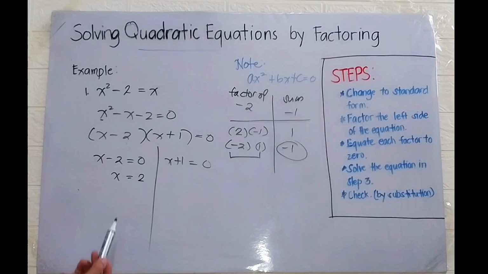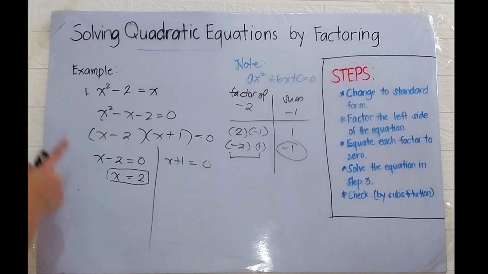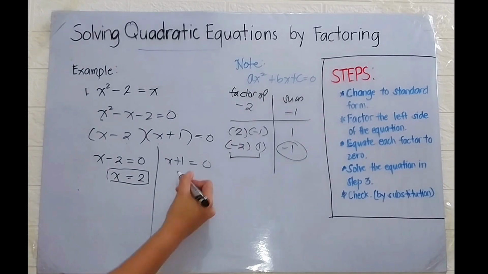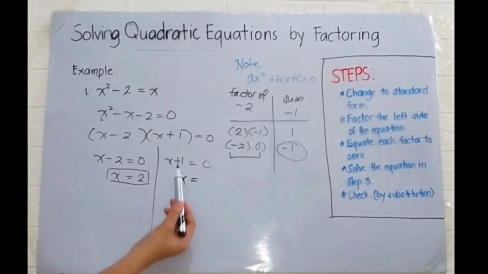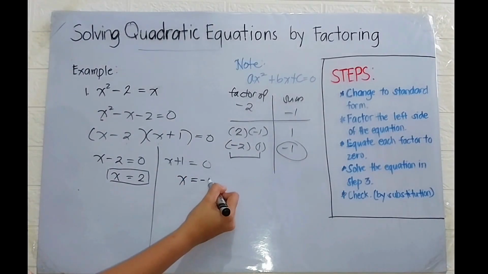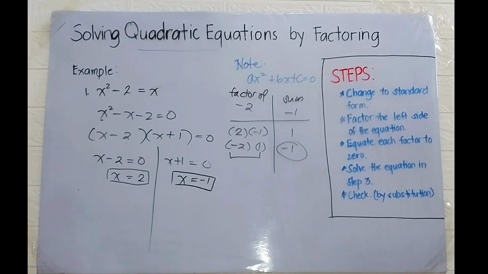Again, if you're going to move one variable or one coefficient or one number to the other side of the equal sign, you need to change the sign. So, it's from negative to positive 2. So, one root, or one value of x in our equation, is 2. Next one, x equals, from positive 1, it will become negative 1. So, we're done with solving.